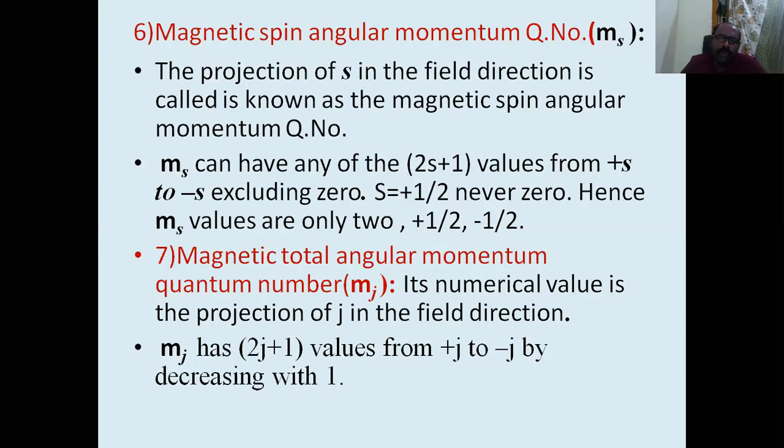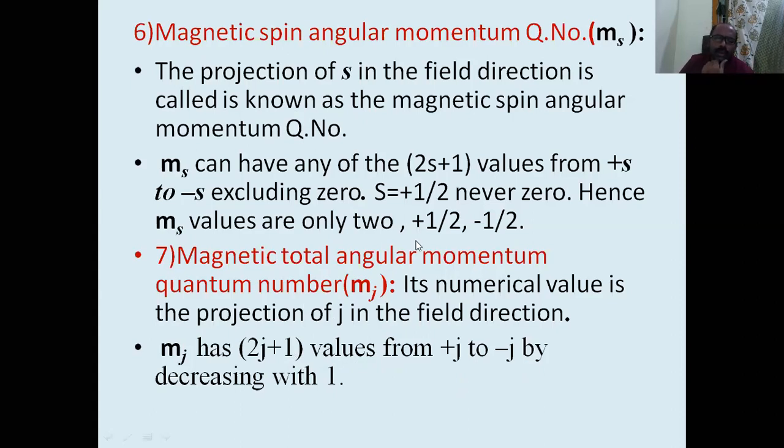So in case of single electron systems, Mj does not possess the value 0. In other cases it is possible, that means in case of multi electron systems it is possible. So totally, these are the values. J is never negative. J value is not negative at any time.